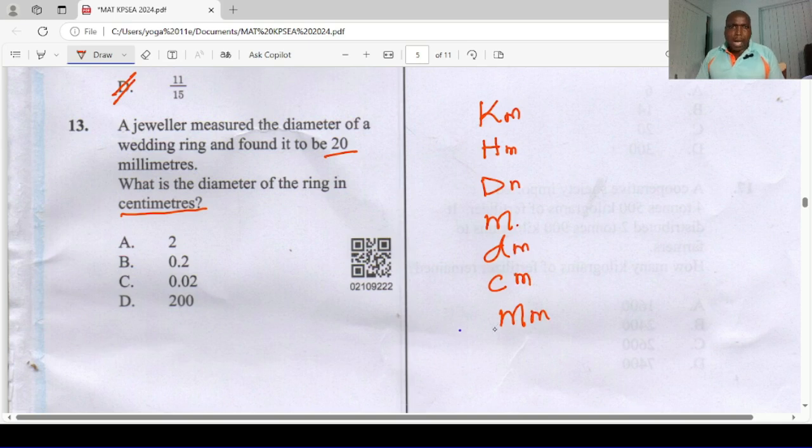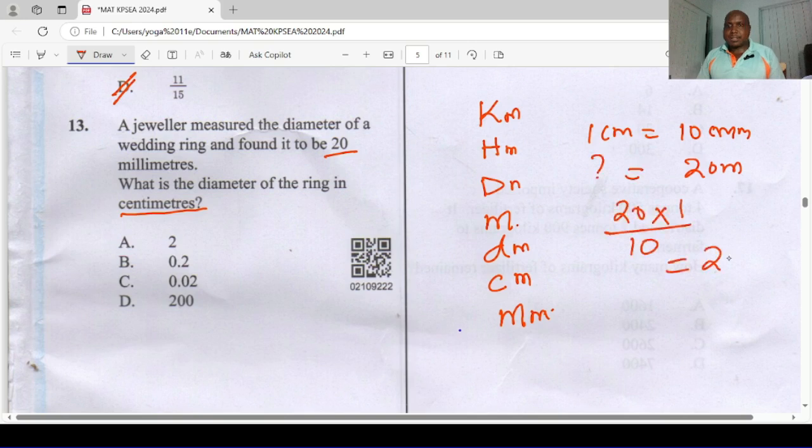So how many millimeters are there in 1 centimeter? 1 centimeter is equal to 10 millimeters. You can see from here up to here is 1, so that is 10. Therefore, 20 millimeters will contain how many centimeters? It is 20 times 1 divided by 10. So it is 2 centimeters.